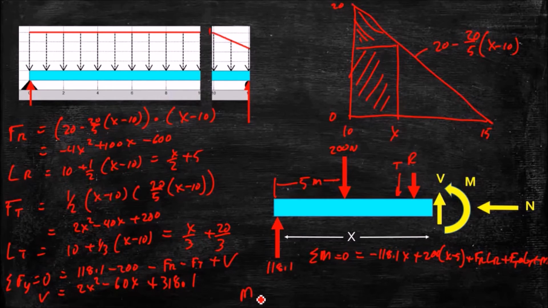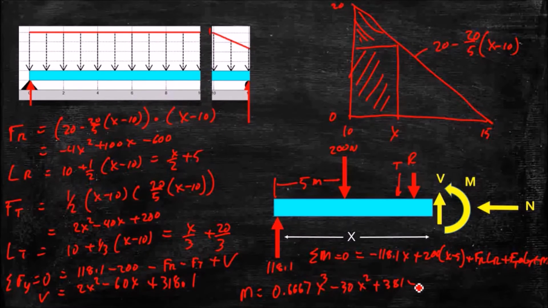So our moment equals, when I do multiply it out, 0.6667 x cubed minus 30 x squared plus 381 x minus 666.7.